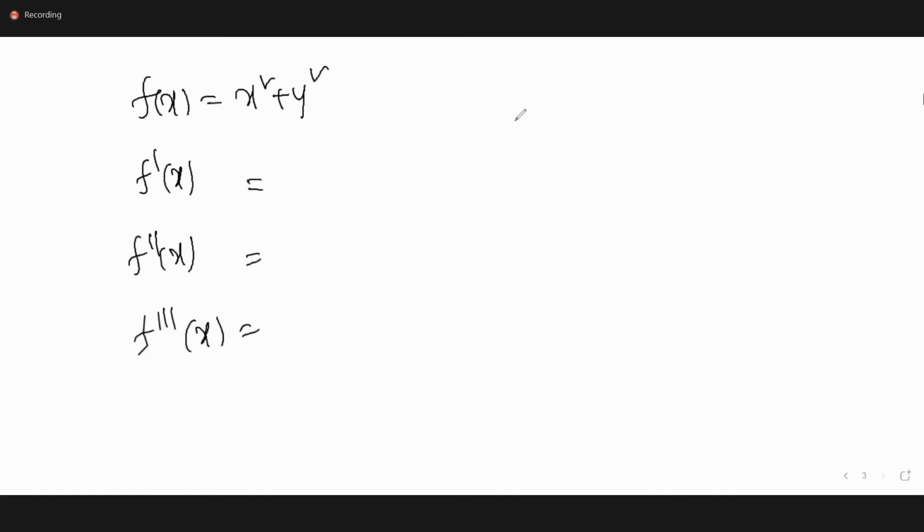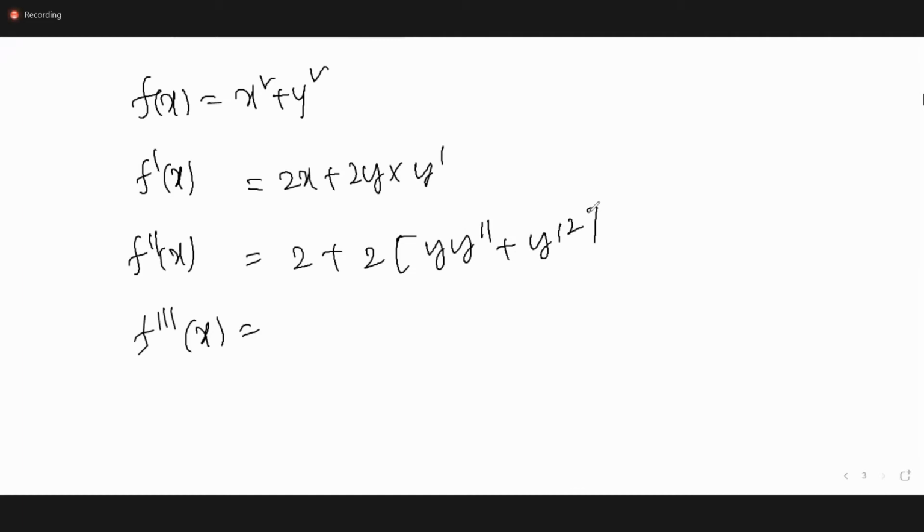What is the first derivative? 2x plus 2y into y dash. What is meant by y dash? Dy by dx. Second derivative: 2 plus 2 times of y into y double dash plus y dash square. So based on simple functions, you can calculate the successive derivatives of that function in an easy manner.